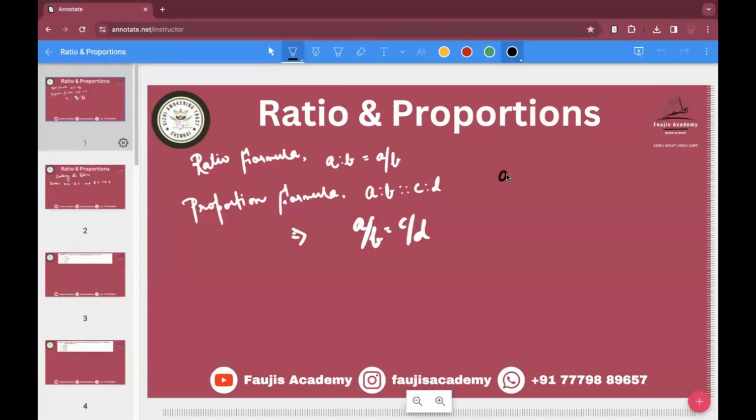Over here, proportion A is to B is also written as A by B. Also, you need to understand what I told you, that many times ratio is also understood in the form of fractions.